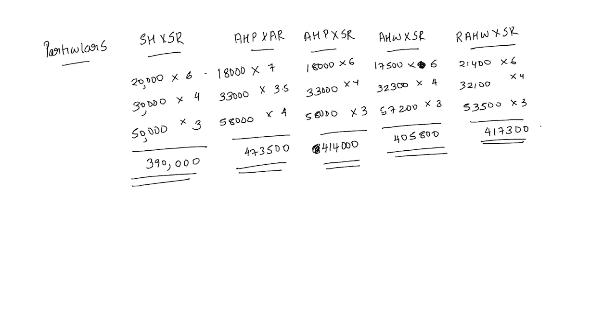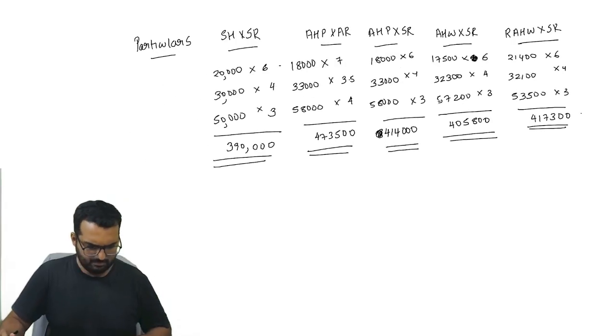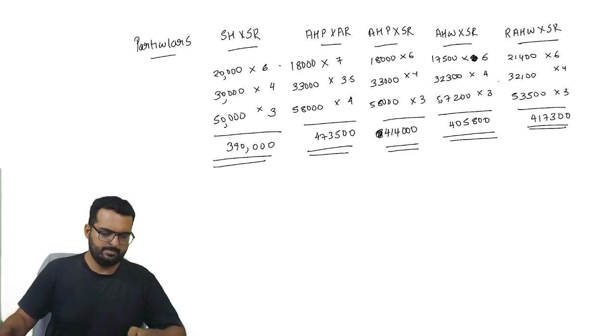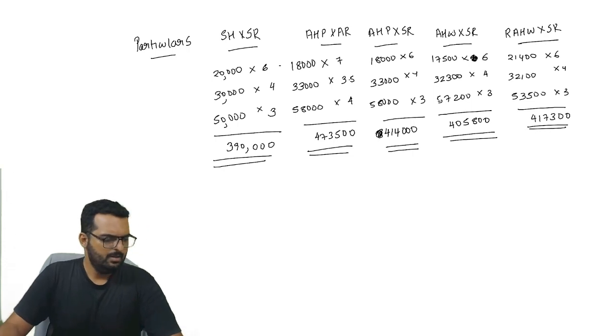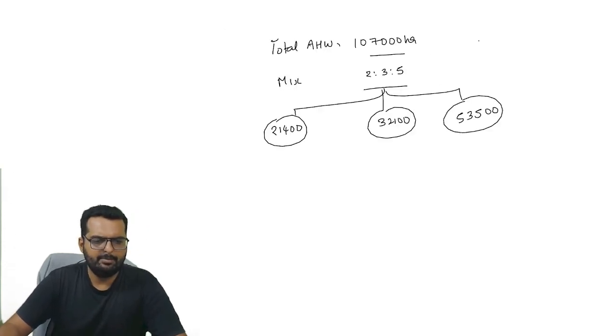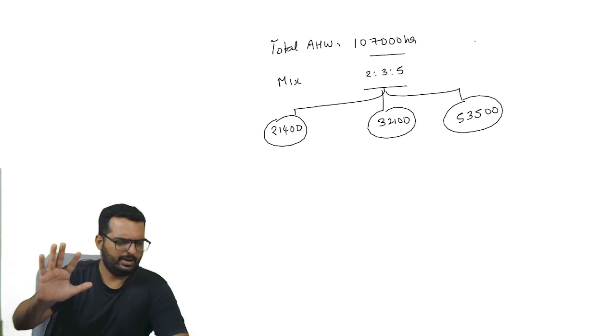I believe everybody is done. Now, friends, can I find out the variances? Are you still writing? Fine. So now we'll check the variances. I have put up the RAHW also. Write this down also. I don't want to rush.